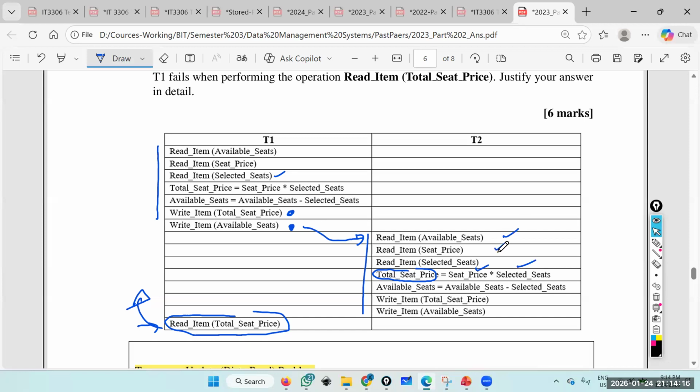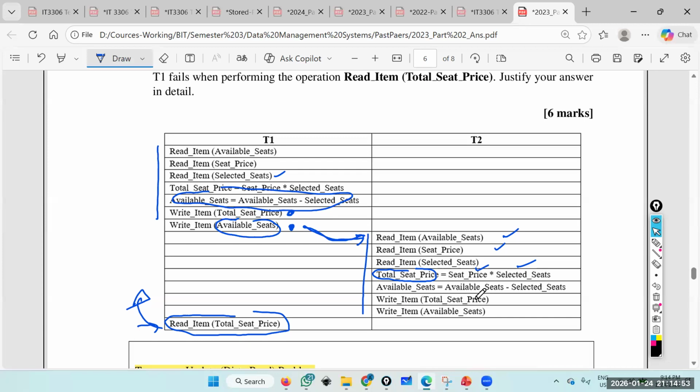No issue, because available seats is an issue, but do they use available seats? Yeah, they use it, right, to calculate new available seats, and then you write it, right? So therefore, this is the issue, right? You can see available seats are written after doing modifications, but that available seats you read, right?